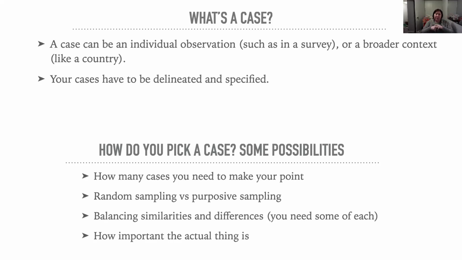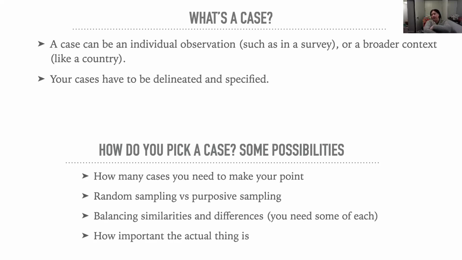So the way you pick cases, right, is sometimes you try to figure out how many cases will help you make your point. Sometimes that's about balancing similarities and differences, right? For instance, if you're comparing things to each other, you need some things that are similar and some things that are different. I chose to study 2 different social movement organizations because I was able to compare them to each other and also get a sense of what they had in common, right? If you're doing quantitative work, you need to think about random sampling versus purposive sampling.